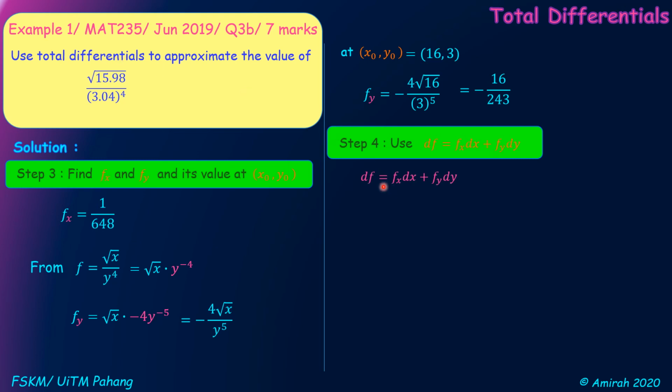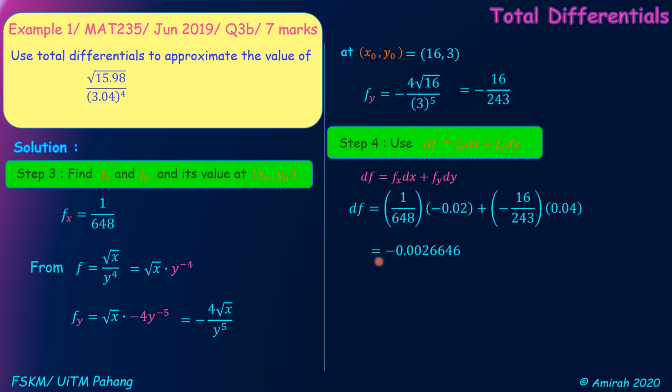So from df equals fx dx plus fy dy, our fx equals 1 over 648, dx equals negative 0.02 from step 1 in the previous slide, and then plus fy, where fy equals negative 16 over 243, times dy. dy we get from the first step in the previous slide, which is 0.04.